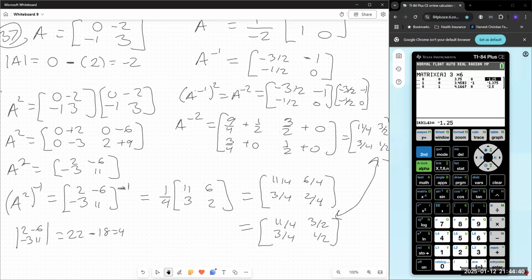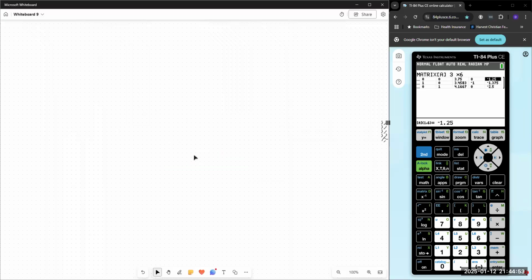Let's go ahead and look at number 41. We're going to wrap up with that. 41 has multiple parts to it. So it says to use what we know about these inverse properties.